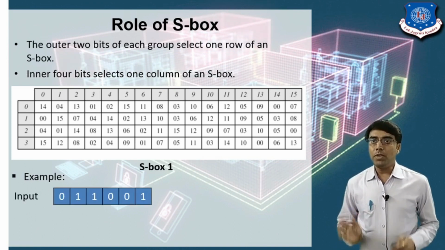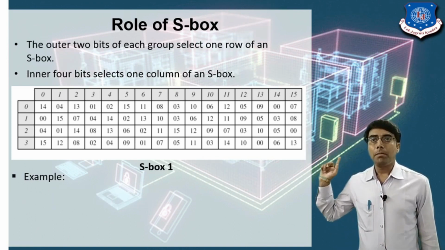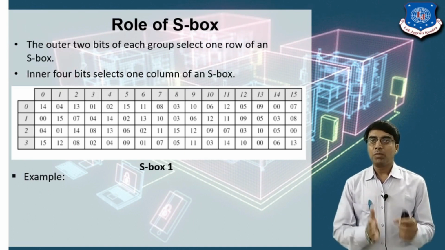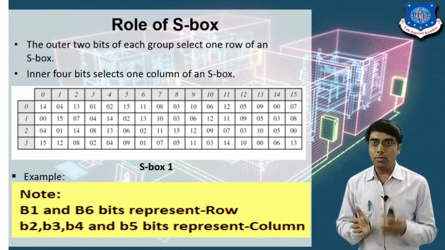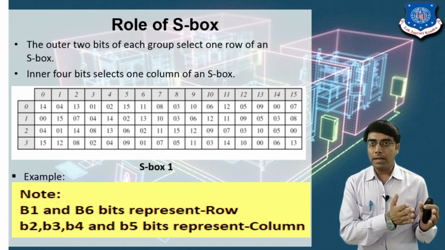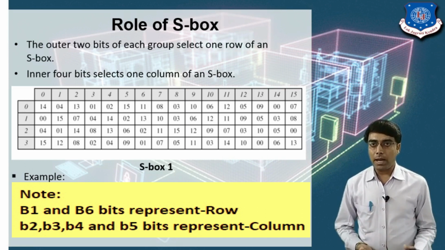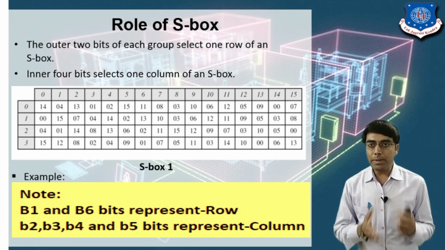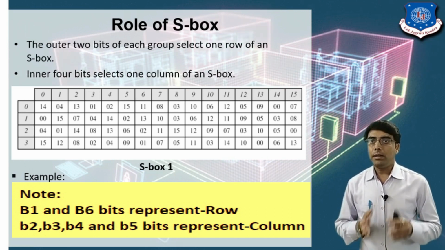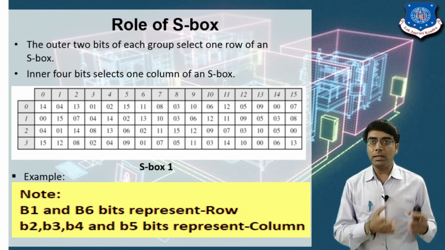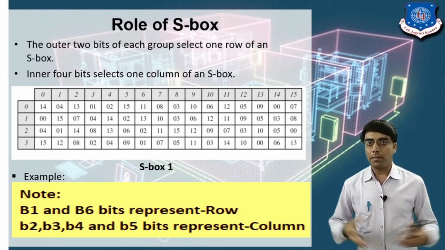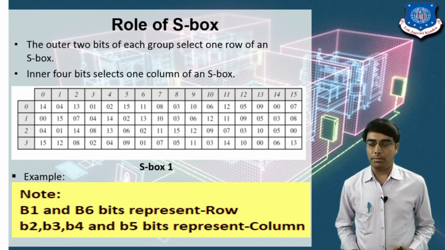B1 and B6 are combined to represent the row, and B2, B3, B4, B5 are combined to generate the column.